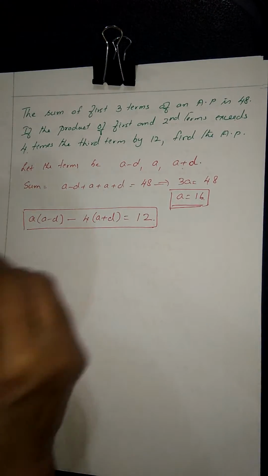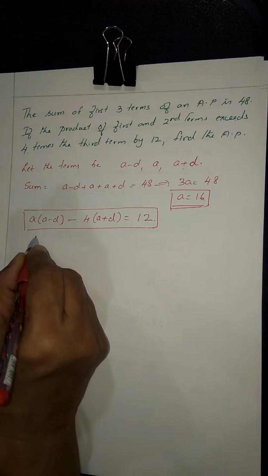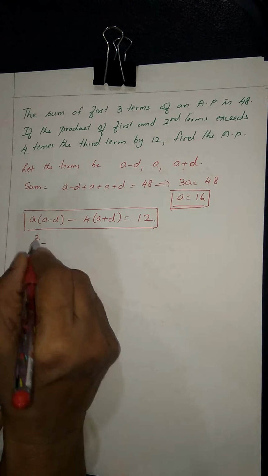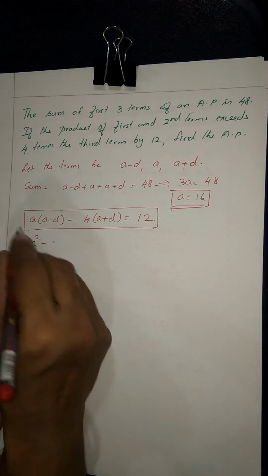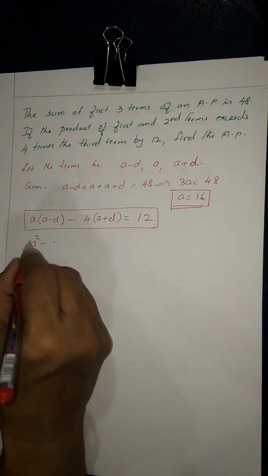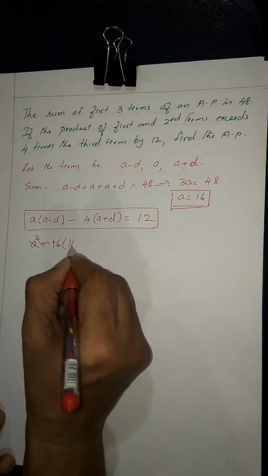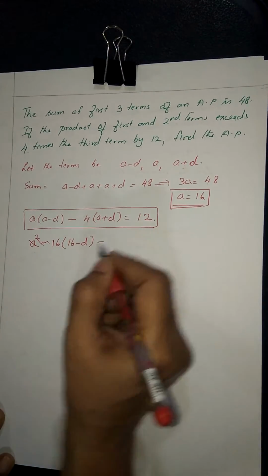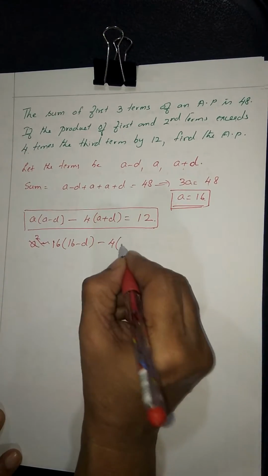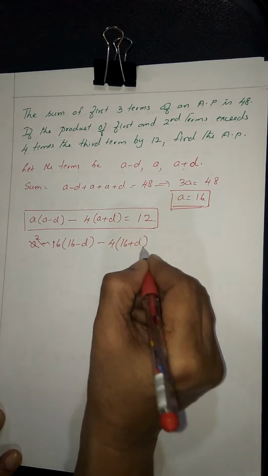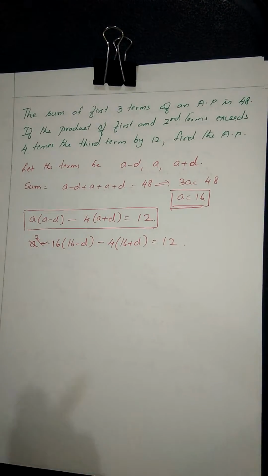Now we will solve this. We will substitute here itself: 16 into 16 minus d minus 4 into 16 plus d is equal to 12.